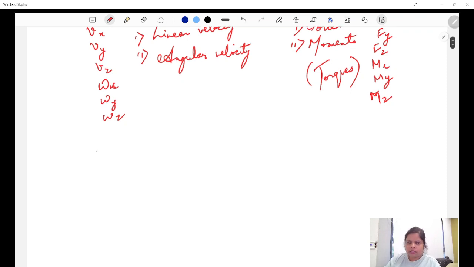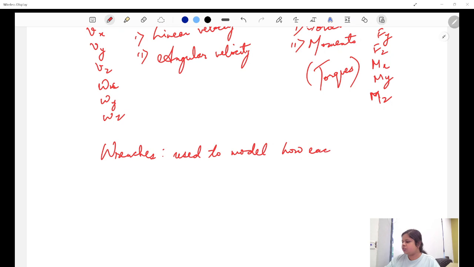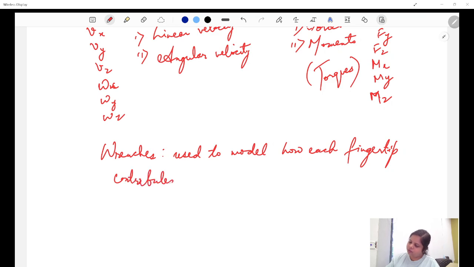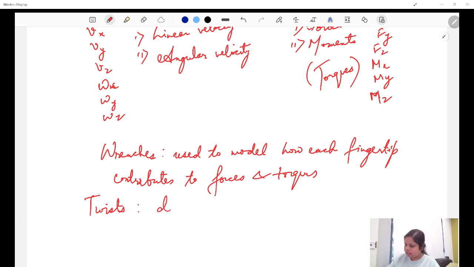So the first thing is wrenches, used to model how each fingertip contributes to forces and torques, and twists describe allowable motion.